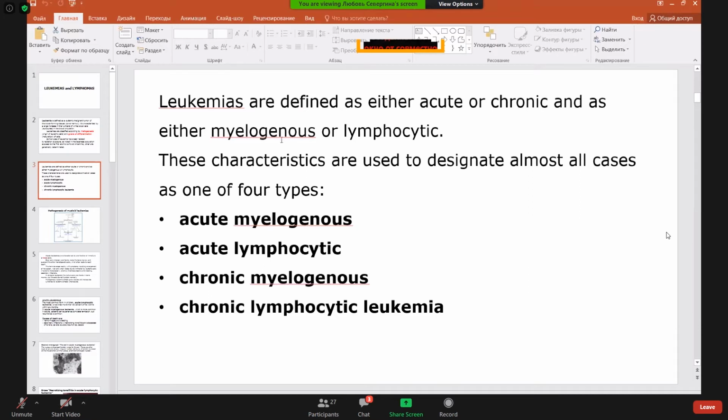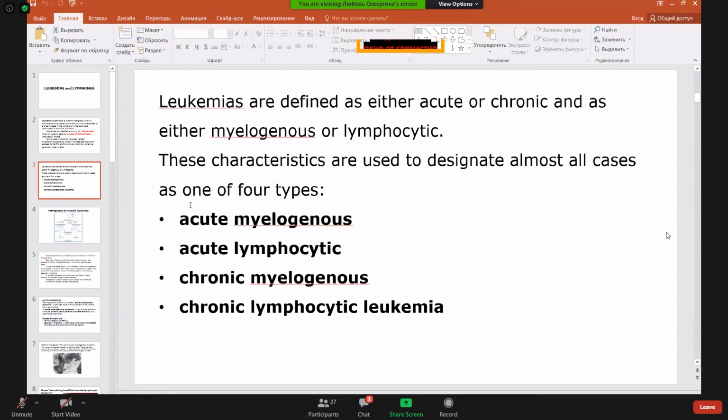It depends, of course, on the origin of the tumor cells. Myelogenous types can be acute and chronic, and lymphocytic types can also be divided into acute and chronic variants.